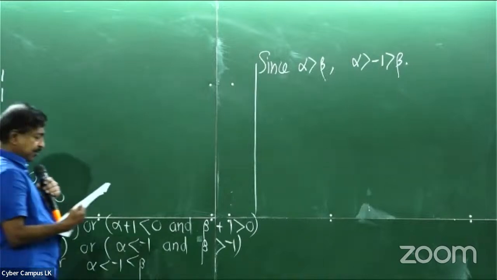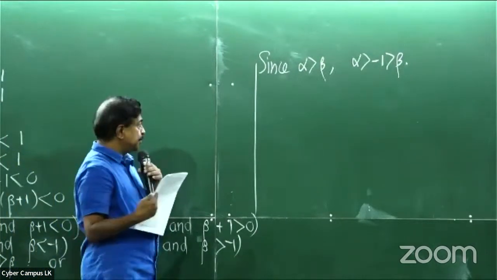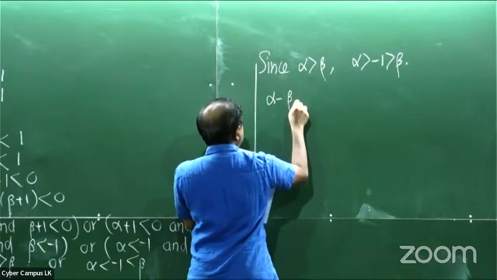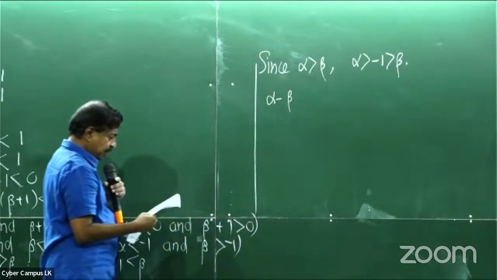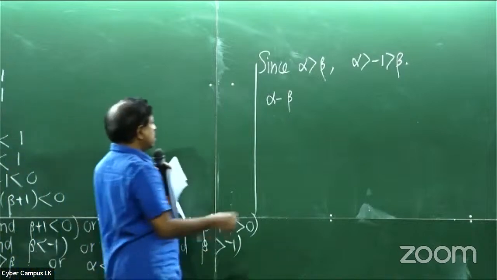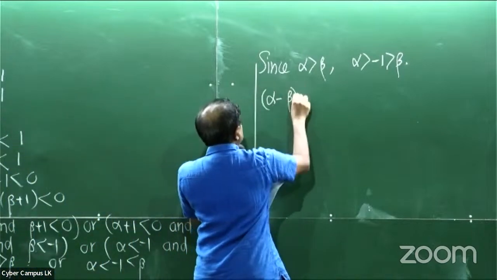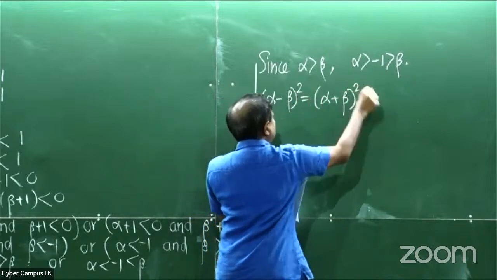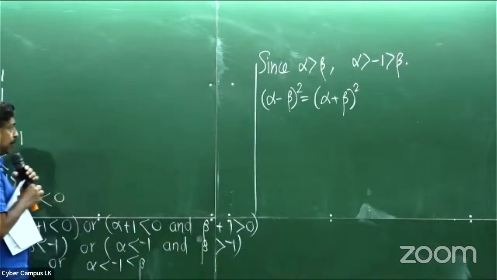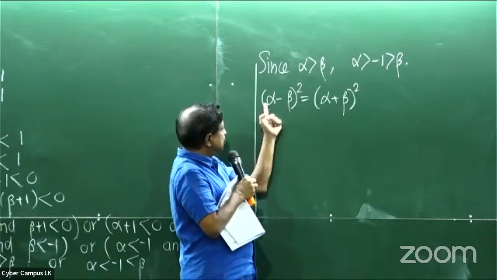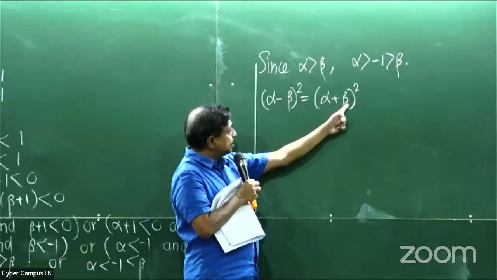Now we need to show that alpha minus beta is 2 times the square root of 1 minus k squared. Alpha minus beta. We'll find the square of this. It's not very similar, but these two share common terms. These two share alpha squared, these two share beta squared.